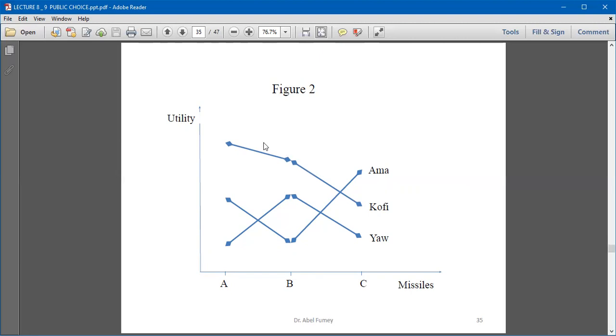That is for Kofi. And then if you take Yao, Yao preferred B to A, and he also preferred B to C. I wish we could get the table here.